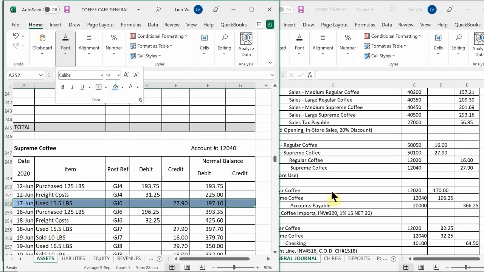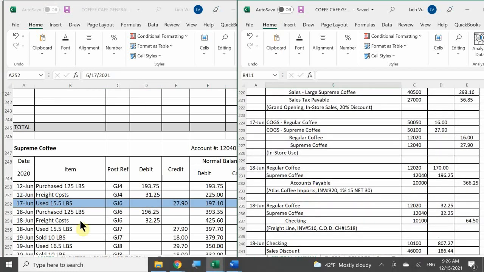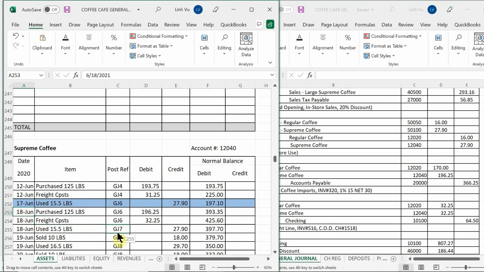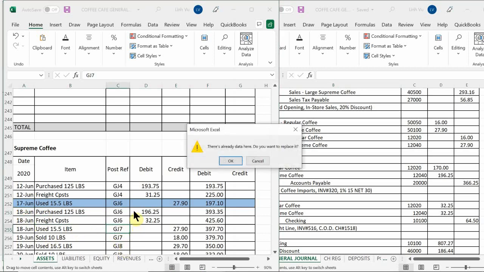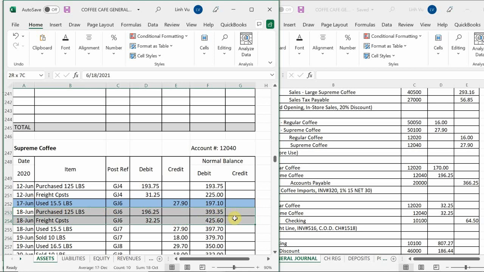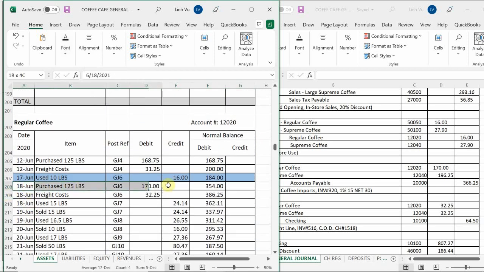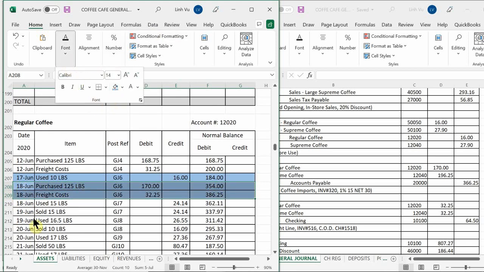So then the next one we have here is updating the regular coffee and Supreme coffees. So in this case right here, Supreme. Okay. There you go. Right, we debited our accounts. That is correct. Same thing with our regular coffee. That is correct. Okay.